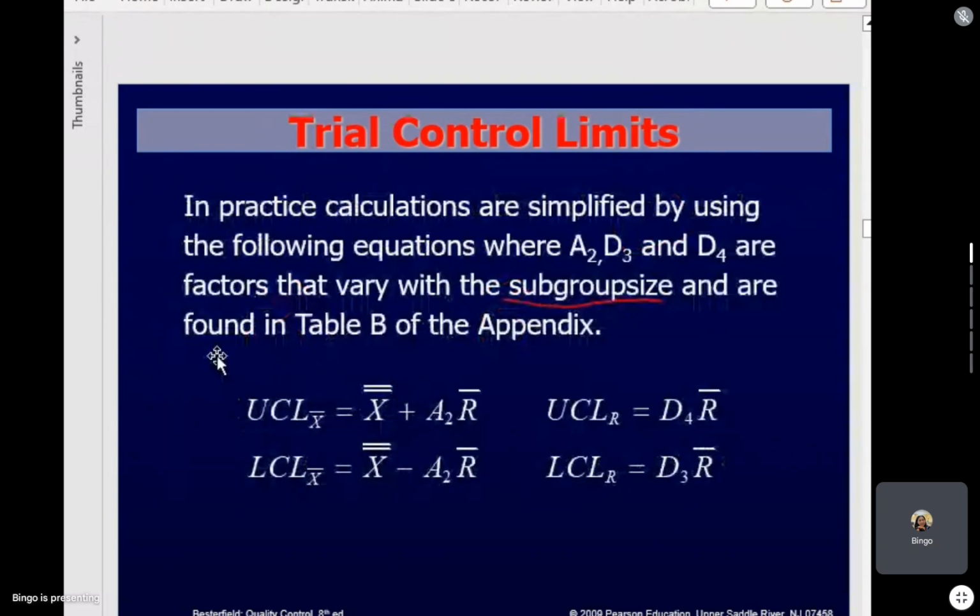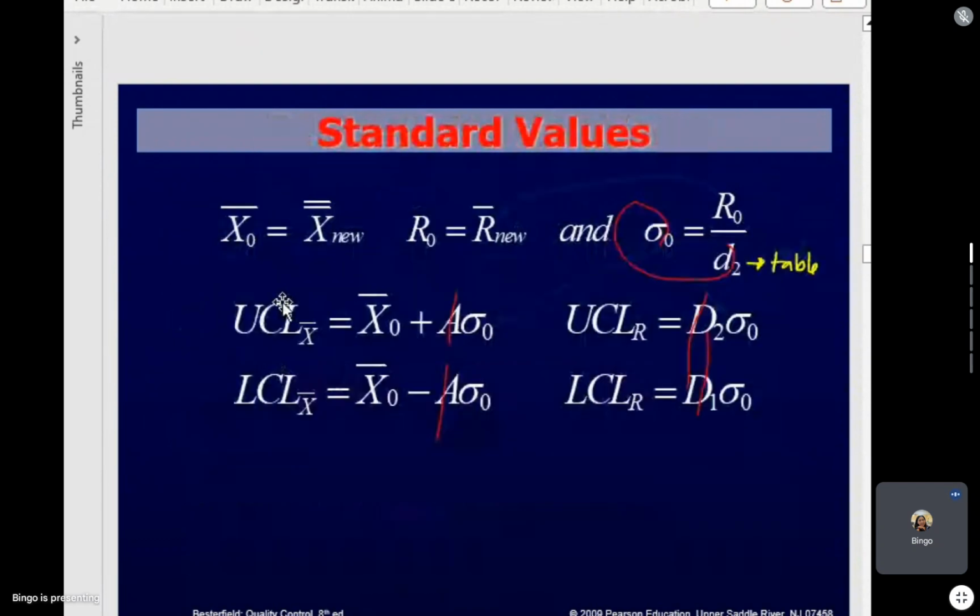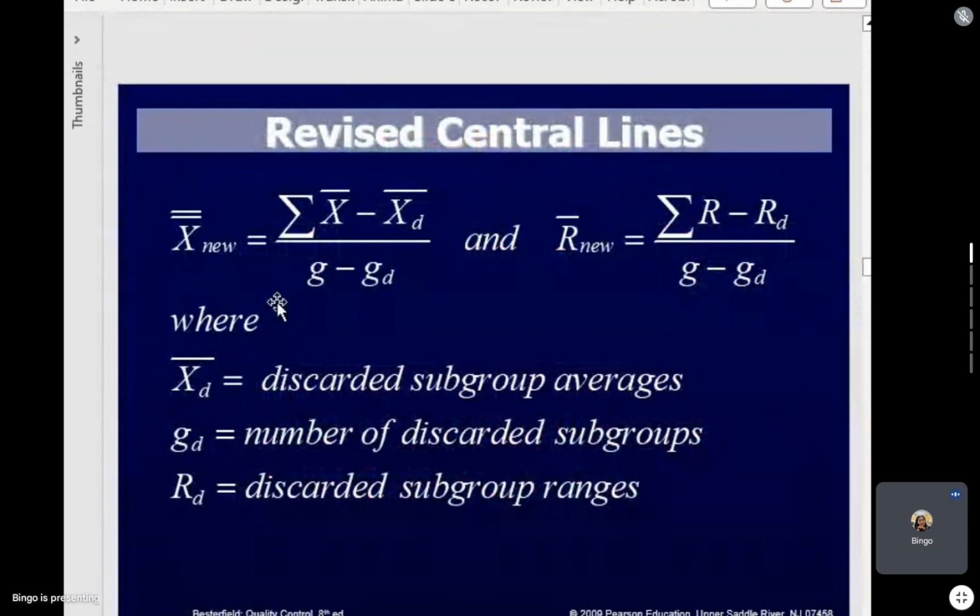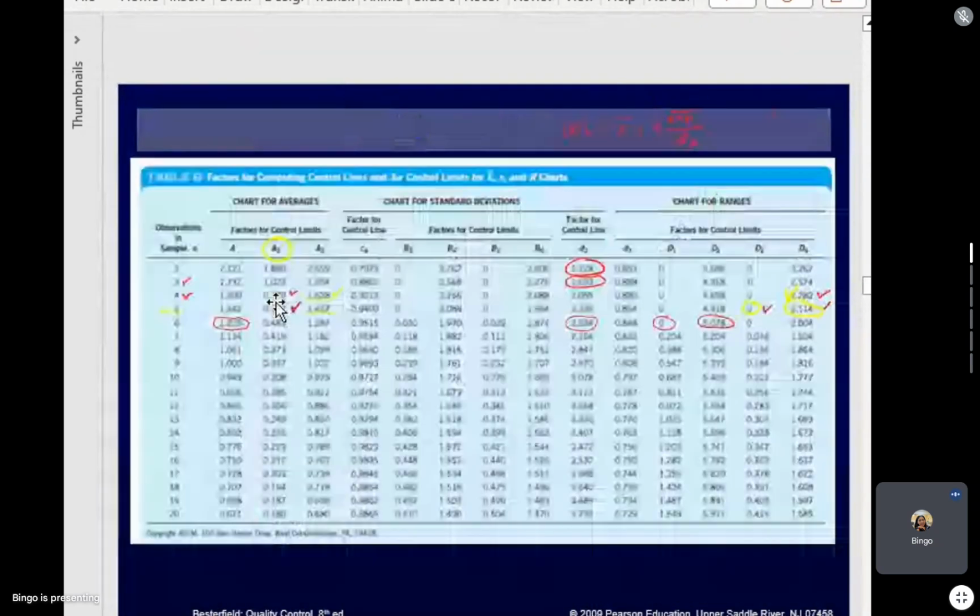Okay. So in practical calculations, this one is simplified by using the following equations where A sub 2, D sub 3, and D sub 4 are factors that vary with the subgroup size and are found in table B of the appendix. So I'll be giving you, ano ang tawag natin dito? Wait lang, I forgot.